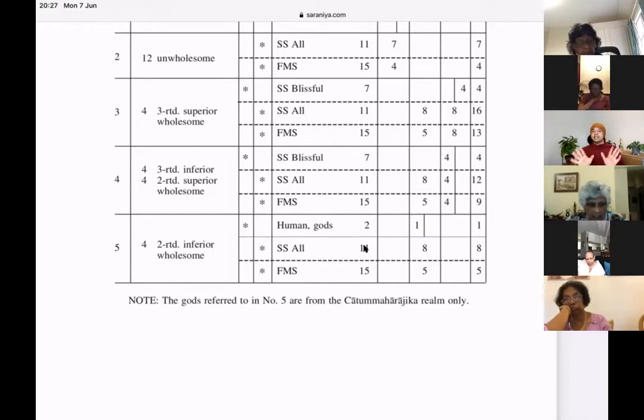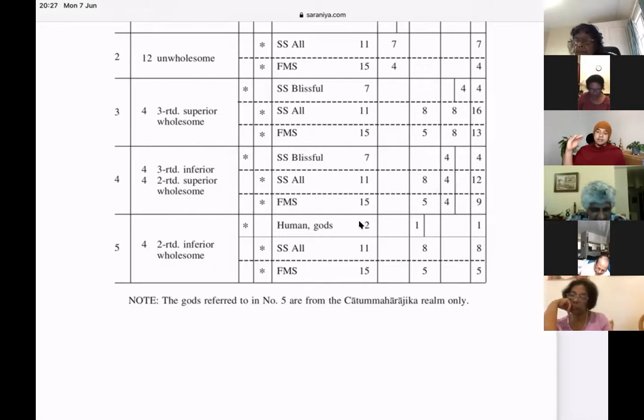All right. Can I explain? Can I have the stage for a moment? Yes, Bhante, with reverence to you. Now, when we say Chatumaharajika, the two-rooted inferior wholesome would specifically give rise to results within the lower categories of the Chatumaharajika.